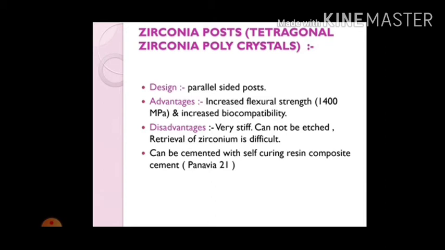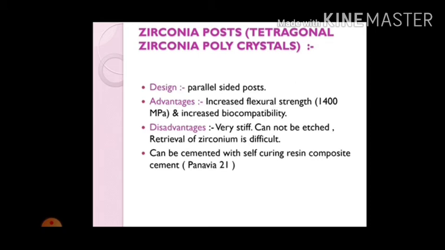So what will happen if a zirconia post does not bend and a tooth bends easily? When you cement a zirconia post into a tooth and apply a certain amount of pressure laterally, that tooth tries to bend, but the zirconia post which is cemented inside will not allow it. That will create a huge amount of tension within the tooth or within the junction between the tooth and the zirconia post.